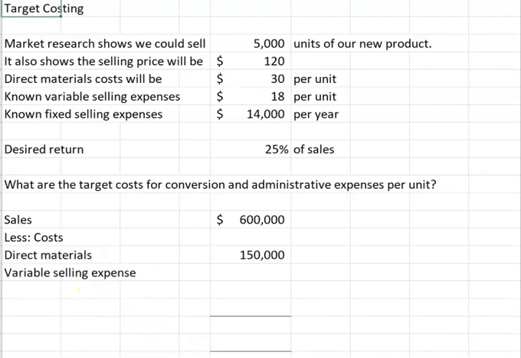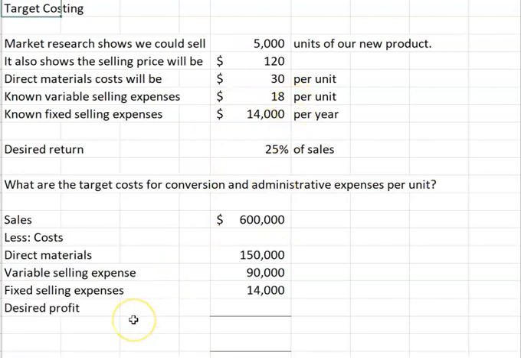First cost being our direct materials, which is going to be the 5,000 units times the $30 per unit. Then our variable selling expenses will be the $18 per unit times the 5,000 units. And then our fixed selling expenses, we know are going to be $14,000.